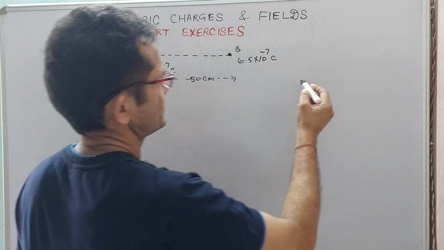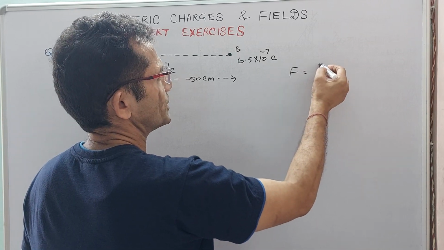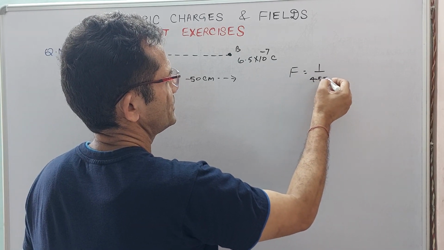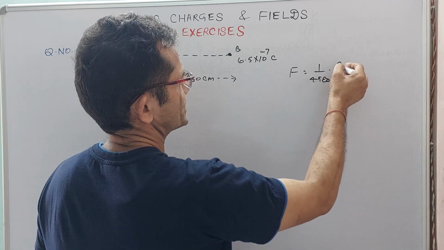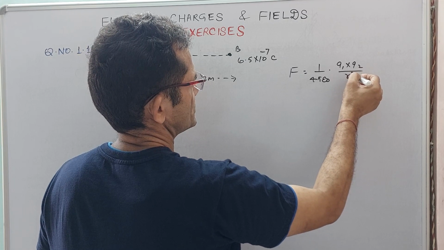We need the Coulombic repulsion between them. This is the formula from Coulomb's law: F is equal to 1 upon 4 pi epsilon naught, into the product of the charges Q1 Q2, divided by r square.